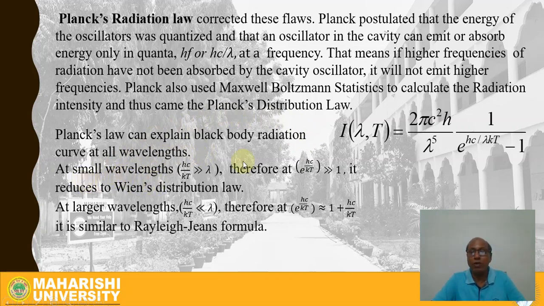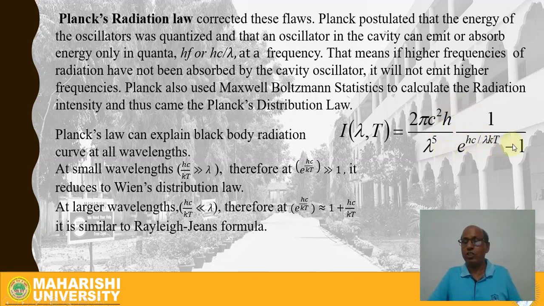And you can see here, if you analyze this formula at small wavelengths, that means lambda is much less than hc upon kT, at that point this exponential part becomes much larger than 1, and so this becomes the only component here with a negative sign, and then it becomes your Wien's distribution law, right?